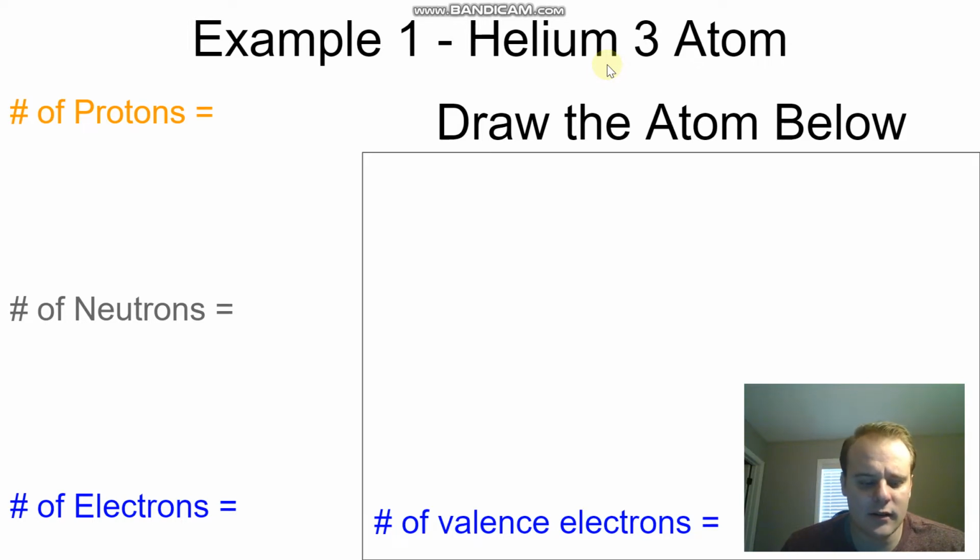Now, let me take a step back for a second and remind you that this term, helium-3, is referring to a specific isotope of helium. What I mean by isotope is it tells you specifically what the mass of that helium atom is. So this 3 is the mass. Okay, but we're going to start with helium, and we're going to take a look for that on the periodic table.